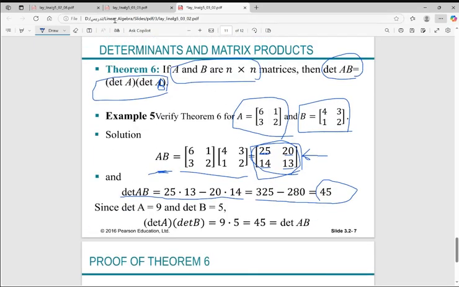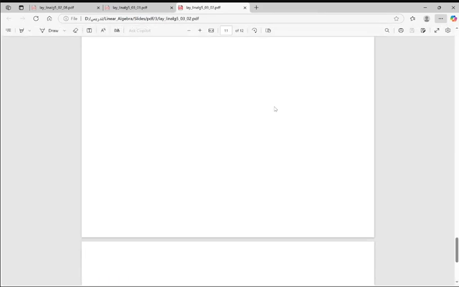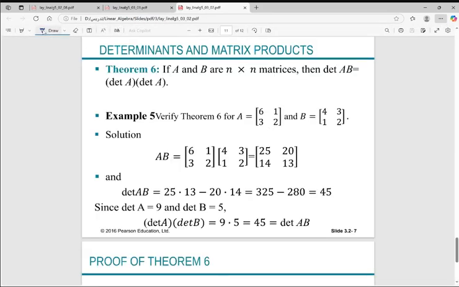Now, tell me what is determinant of A? This is A. What is determinant of A? It's 9. Yes, it is 9. And what is determinant of B?